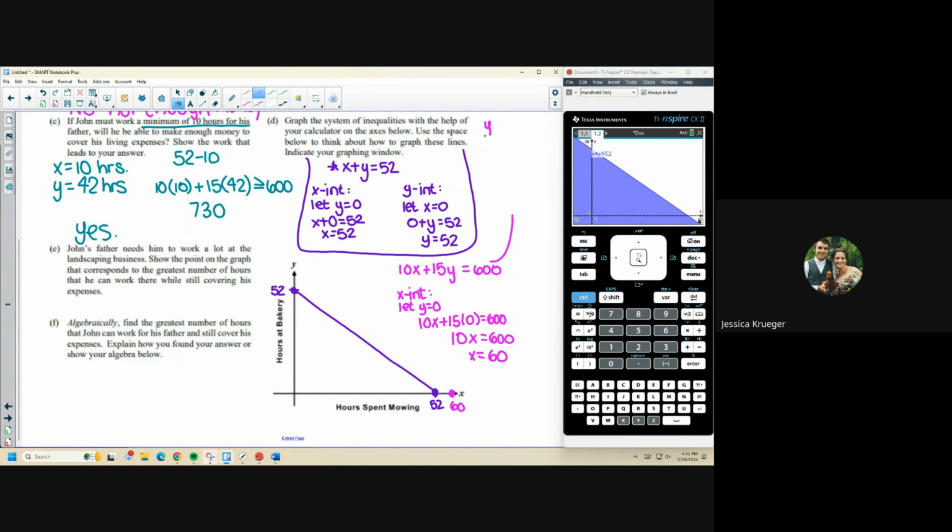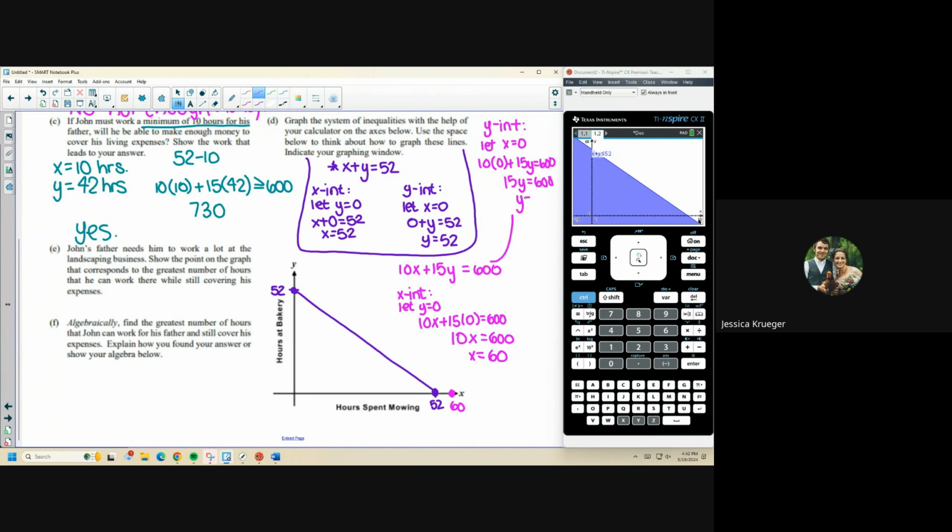My y-intercept for my second line, I'm going to let x be 0 and solve for y. So I would have 10 times 0 plus 15y equals 600. So that means 15y is 600.